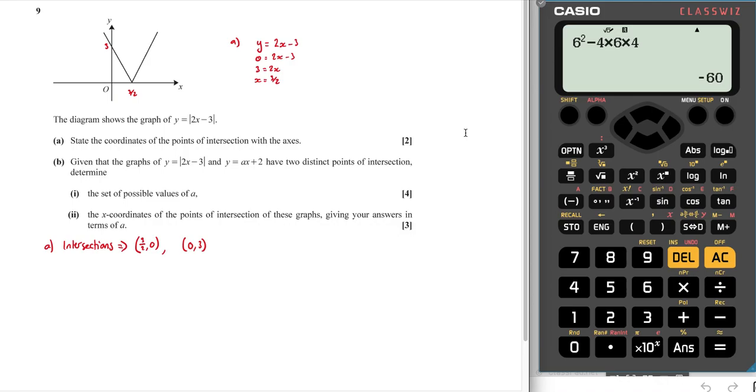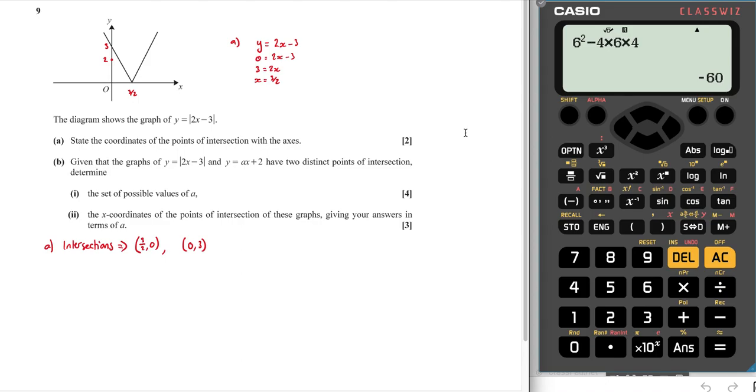So y equals ax plus 2. So that means we are going to go through 2. So 2 is going to be somewhere about here on my axis. And then it has 2 points of intersection.